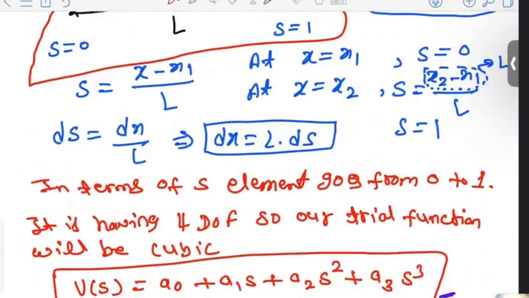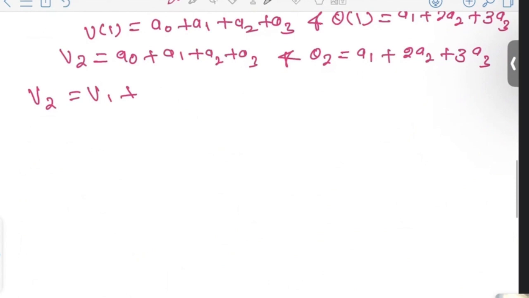dx equal to L into ds. Wait, I will start again here.